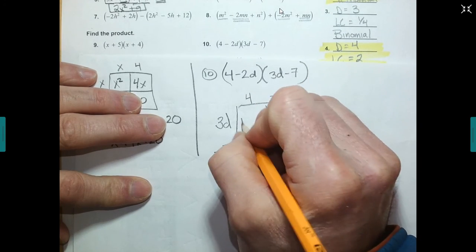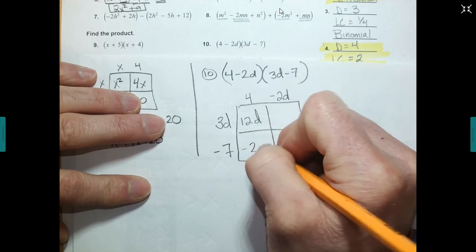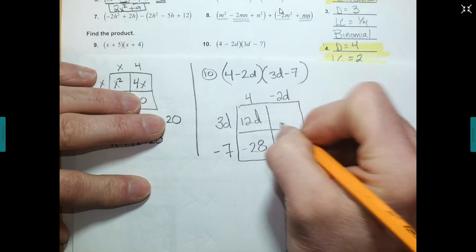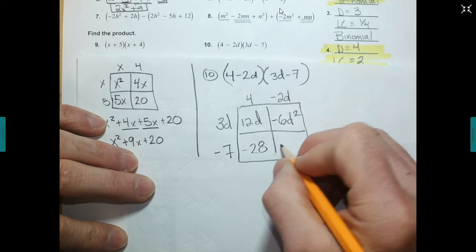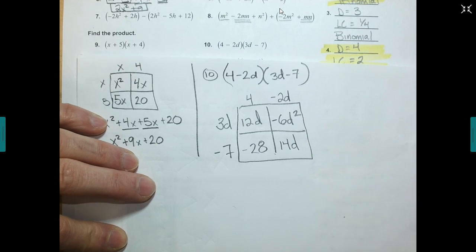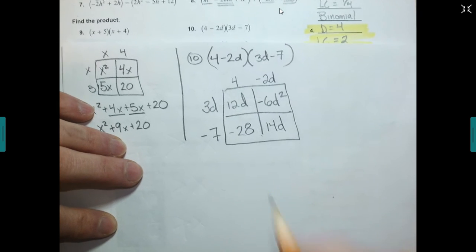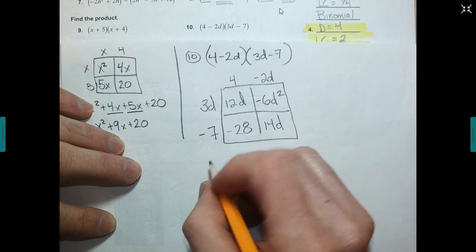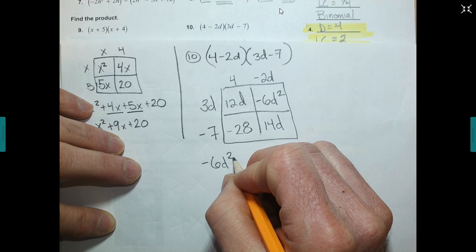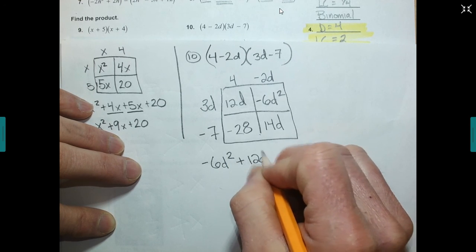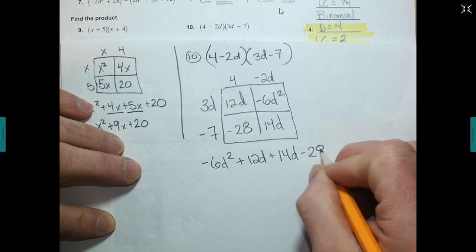All right, so I get 12d, negative 28, negative 6d squared, 14d. Now, no matter how I put it, I still have to write it in standard form. So I'm going to go with my squared first. So I have negative 6d squared plus 12d plus 14d minus 28.